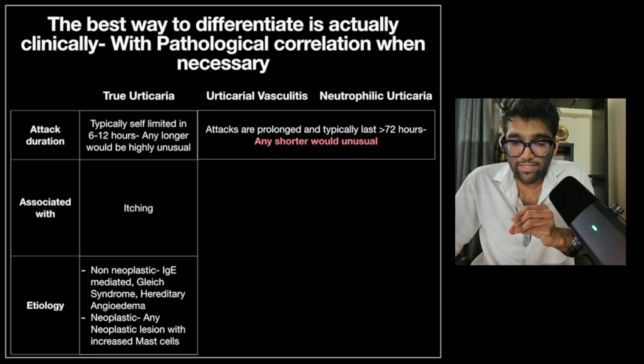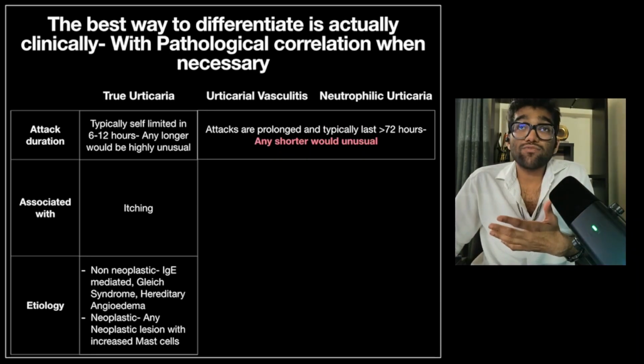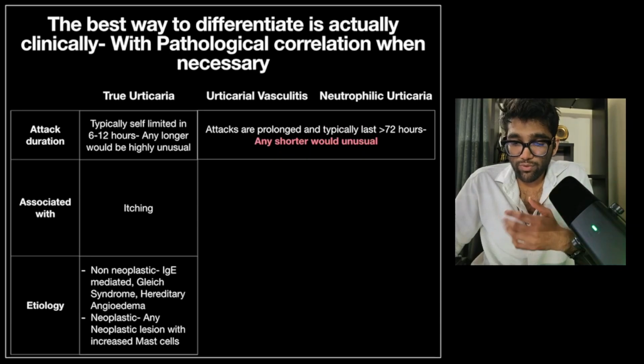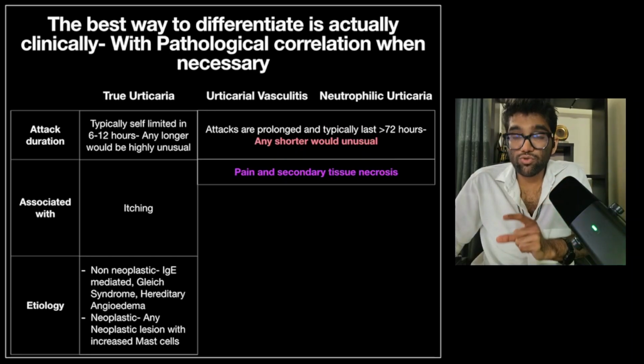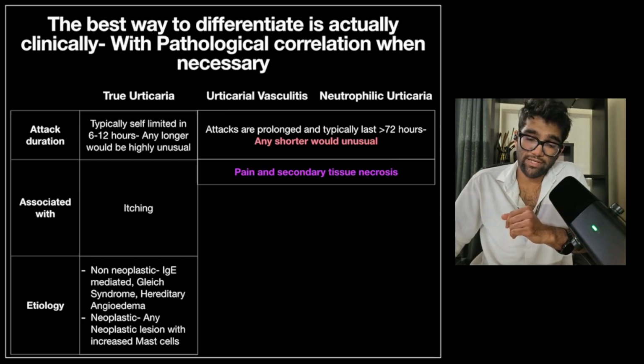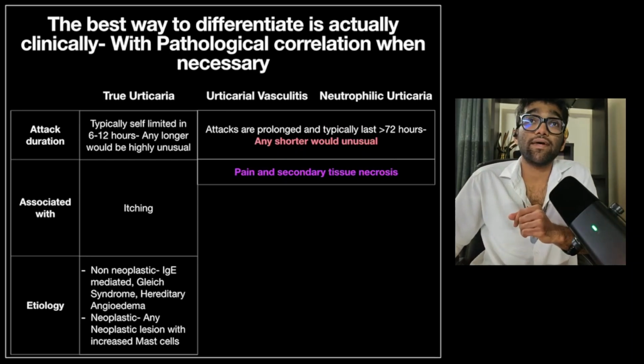Then urticarial vasculitis and neutrophilic urticaria both have attacks that are prolonged and typically last for more than 72 hours. Okay, anything shorter would be unusual. They are painful and there can be secondary tissue necrosis because of infarction in the case of urticarial vasculitis and because of neutrophil-mediated damage in the case of neutrophilic urticaria.